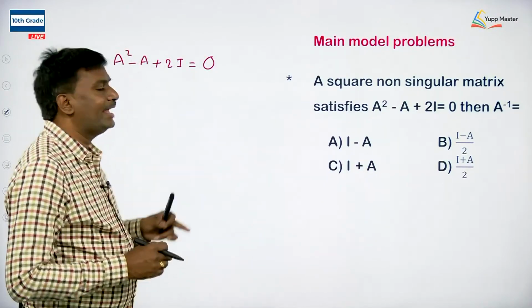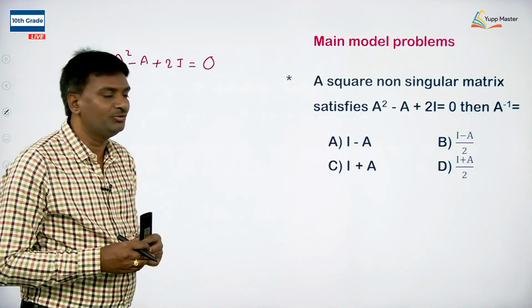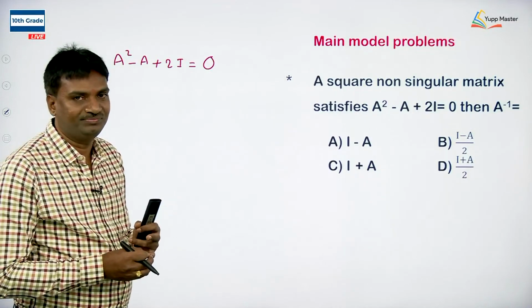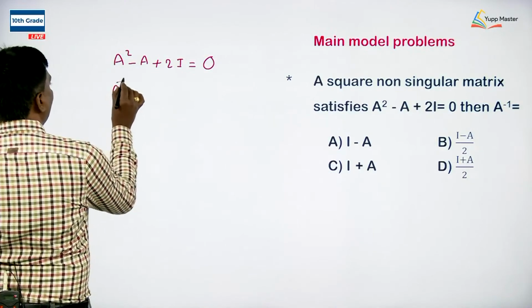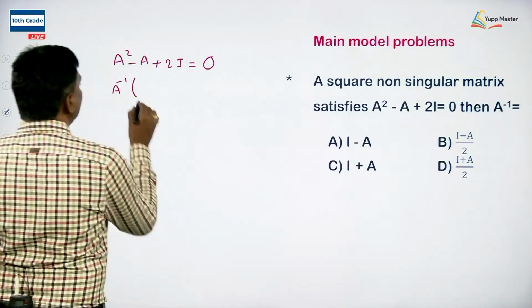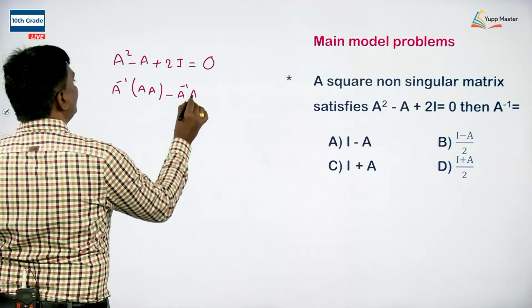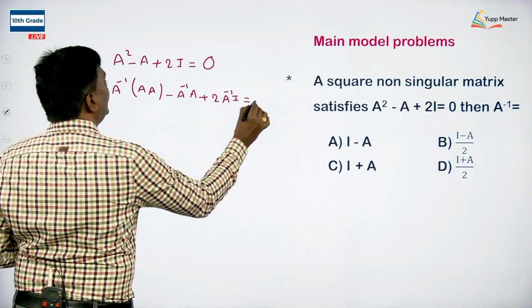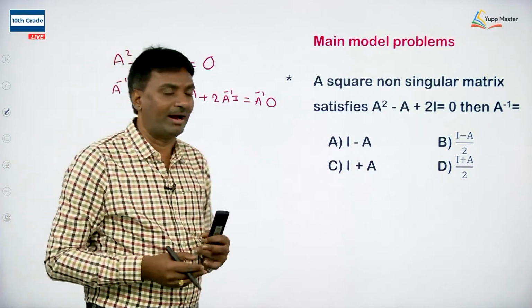Here A square can be written as A into A. Let us multiply on both sides by A inverse. You will get A inverse into A into A minus A inverse into A plus 2 into A inverse into I equal to A inverse into O, that is the null matrix.